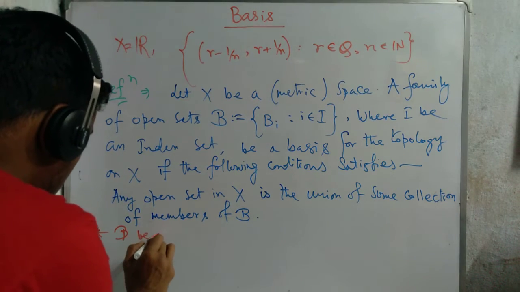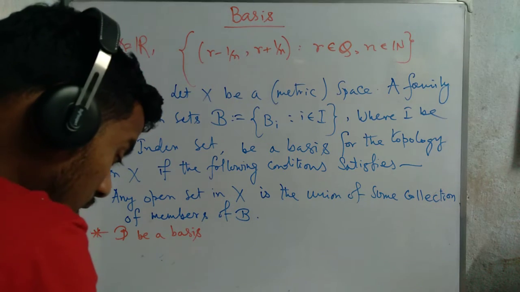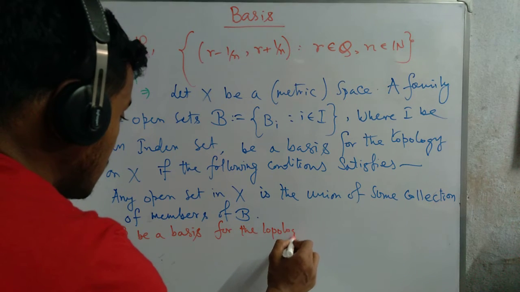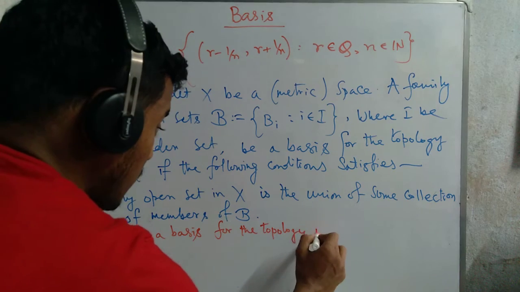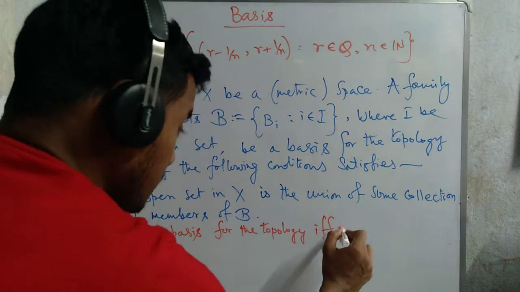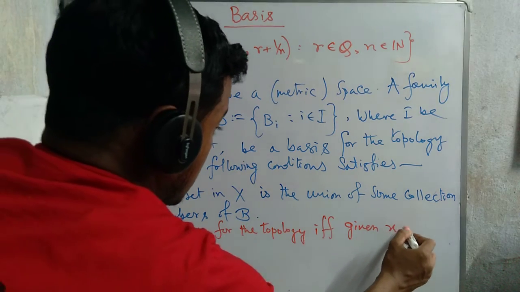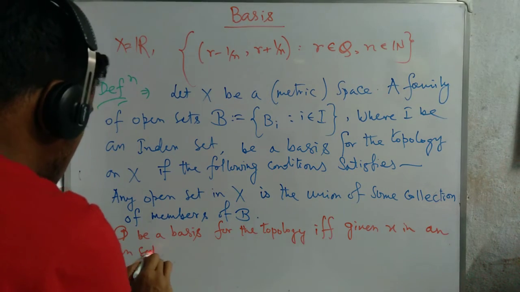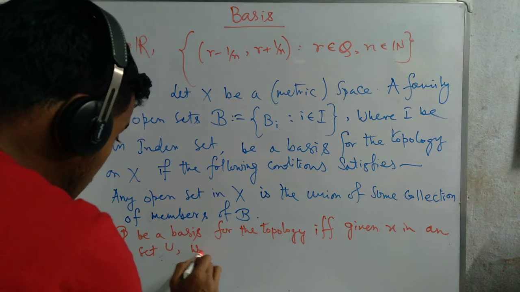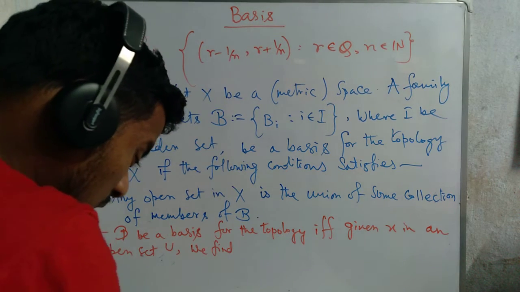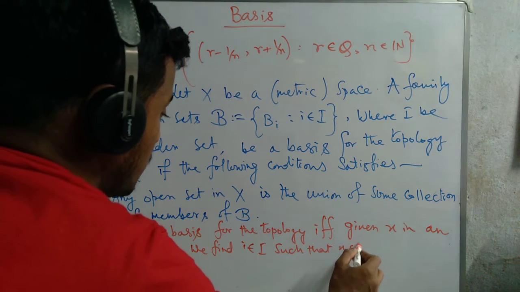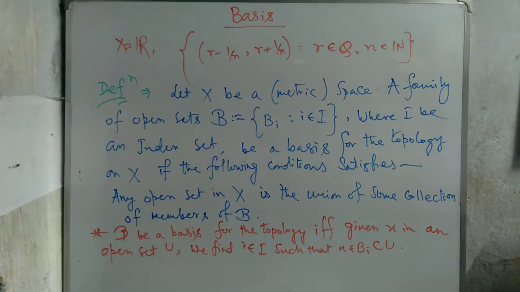Script B is a basis for the topology if and only if, given x in an open set U, we find i belonging to I such that x belongs to Bi, a subset of U. I have to prove this portion.